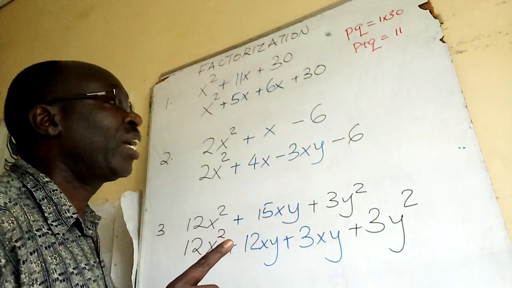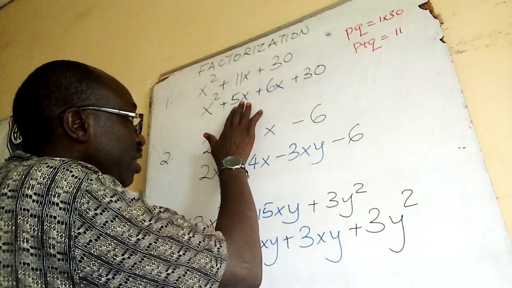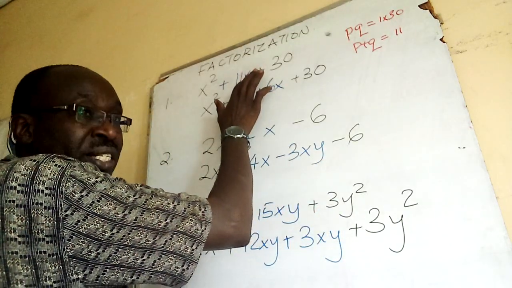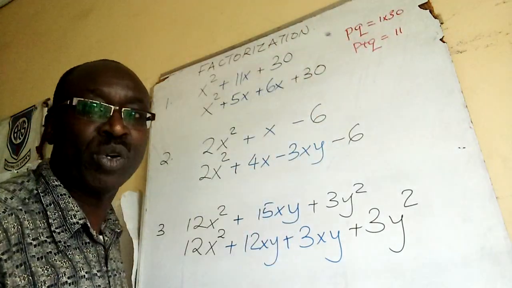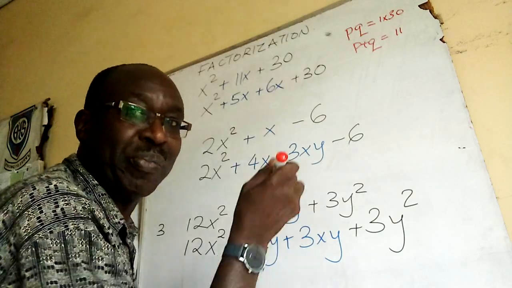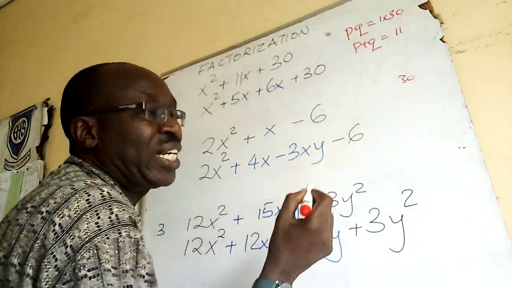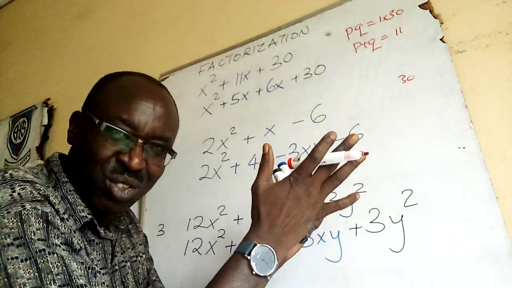Okay? Now remember what I told you. If you want the factors to replace the middle term, start with the product. That's all. So my product is 30. Write 30. Do not write negative or positive. It is okay.